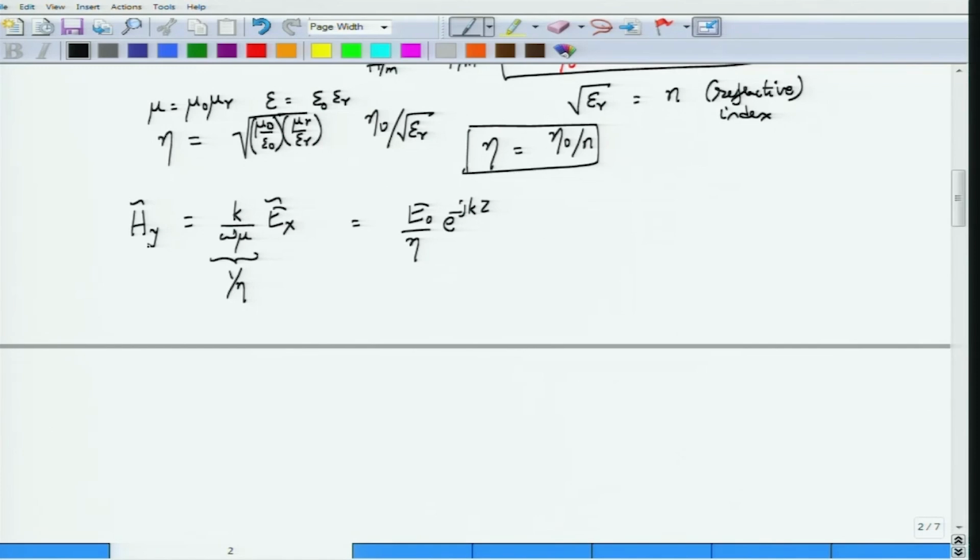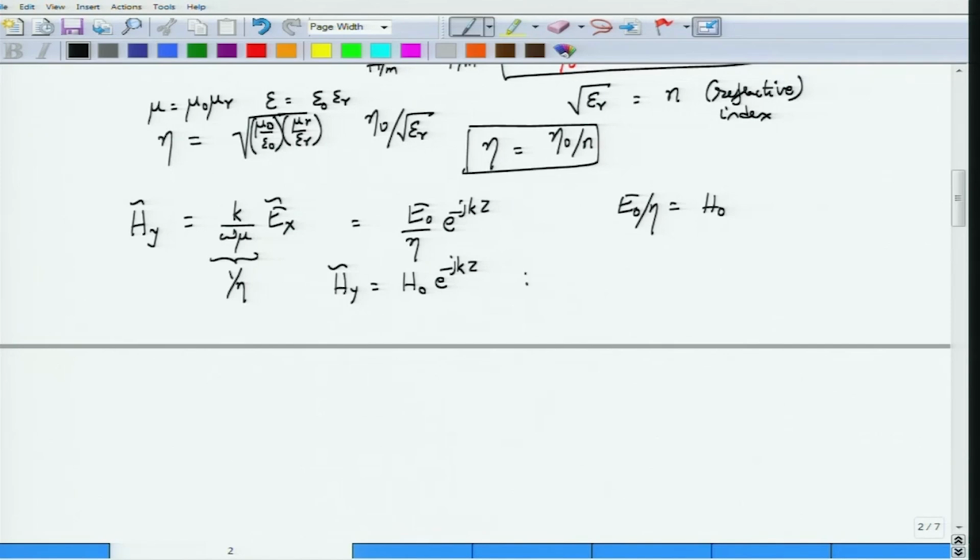So this is your phasor for Hy written in terms of the amplitude of the electric field. If you want, you can redefine E0 by eta as some H0 and then write down the corresponding expression. So you will have Hy phasor given by some amplitude H0, which is related to the electric field amplitude E0 as E0 by eta, e to the power minus jkz.